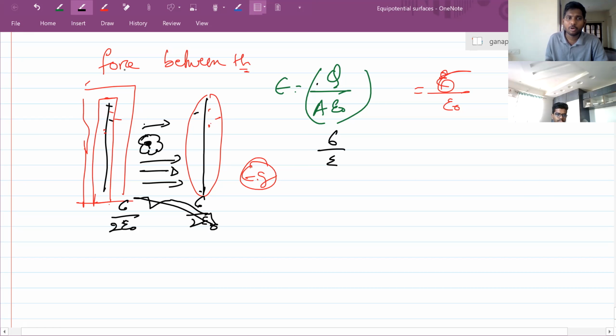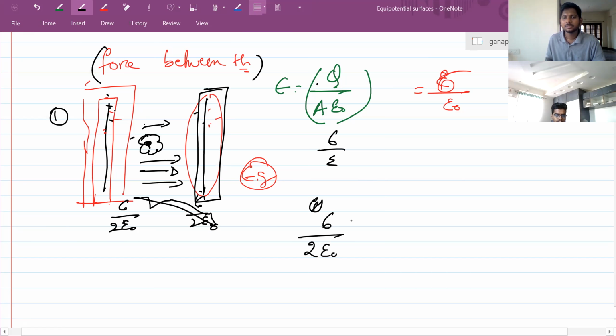Now to find the force between the two plates, you need to understand how much force is exerted by the first plate on the second plate, into the charge on the second plate. The first plate gives sigma by 2 epsilon naught. That is the electric field, not force.